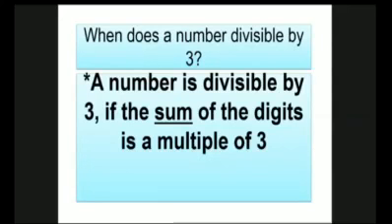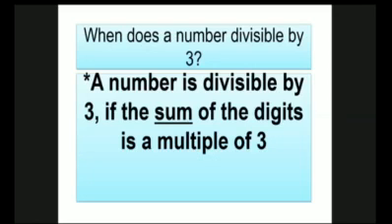So, when is a number divisible by 3? What are we going to do? Remember this: a number is divisible by 3 if the sum of the digits is a multiple of 3.